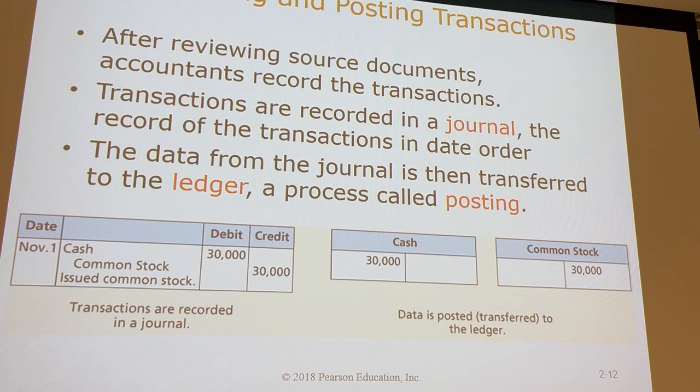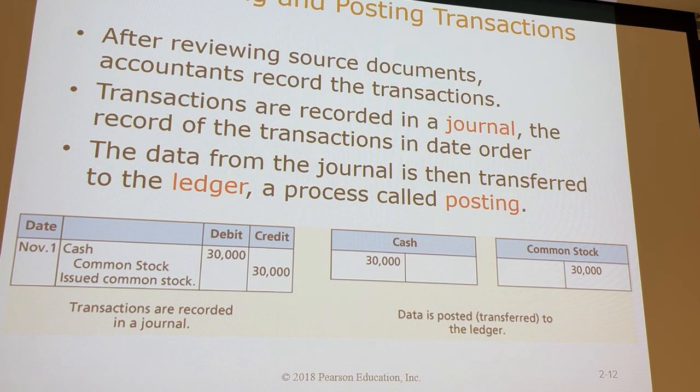And so what you see at the bottom on the left side of the slide here is an example of a journal entry, an entry that would be made in your journal, where first you put the date, November 1st, then you put the debit account, which here is cash, and the amount of the debit, $30,000.